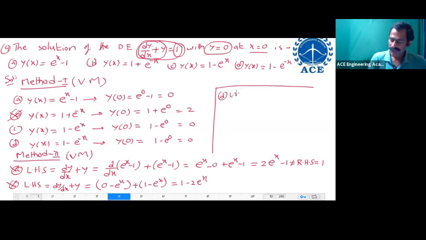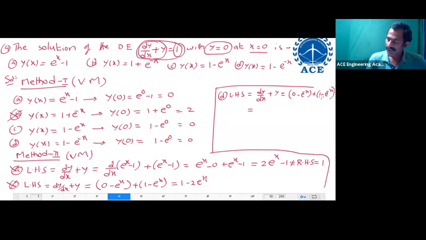Option D, LHS equal to dy by dx plus y equal to derivative of the last option is 0 minus e power minus x plus y is 1 minus e power minus x. This is equal to minus, sorry, this is minus minus plus.